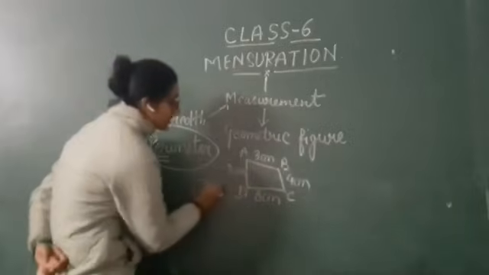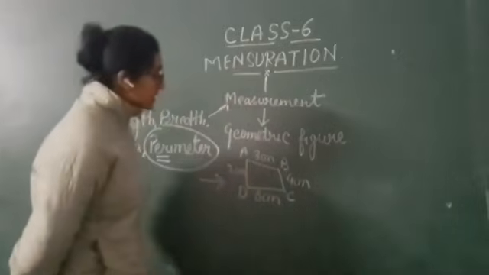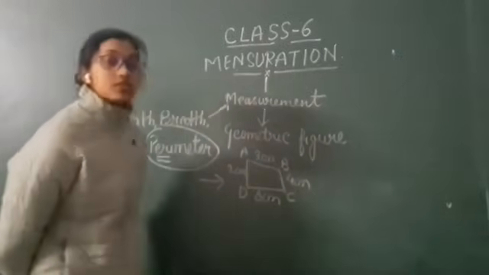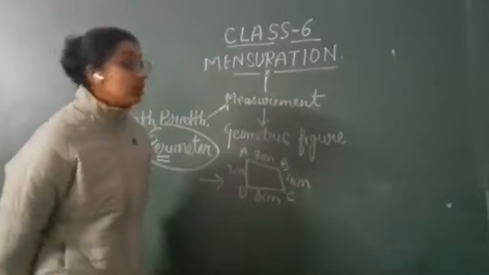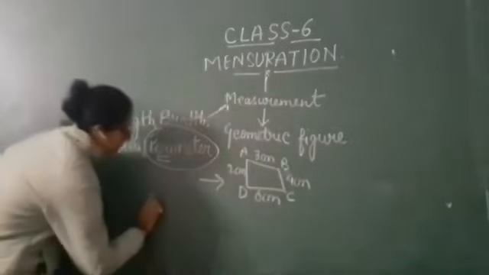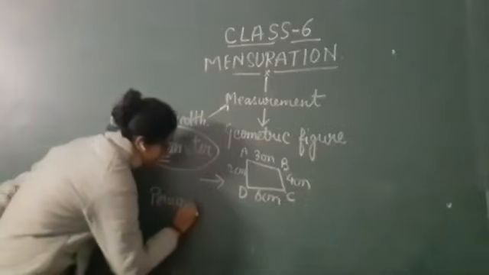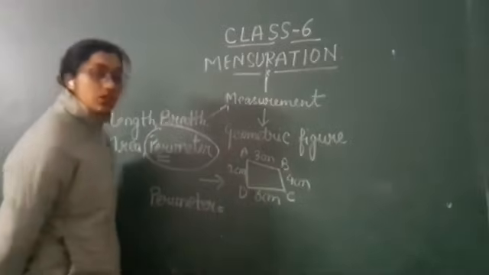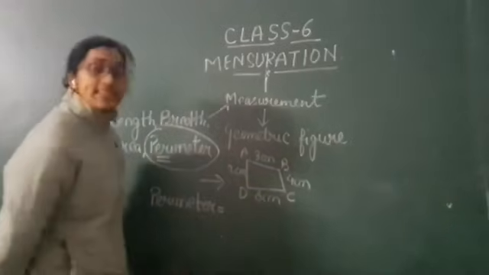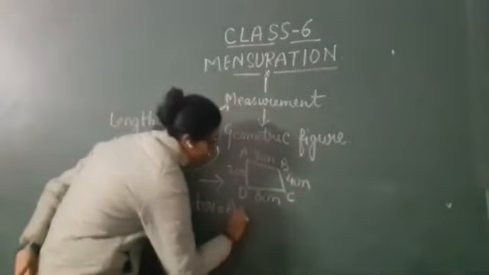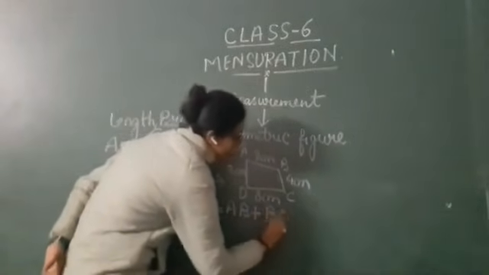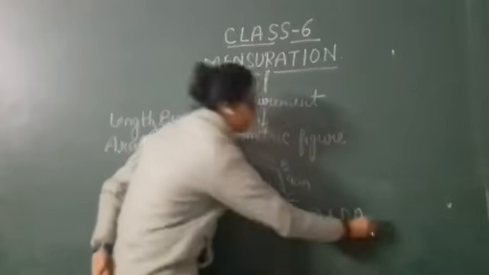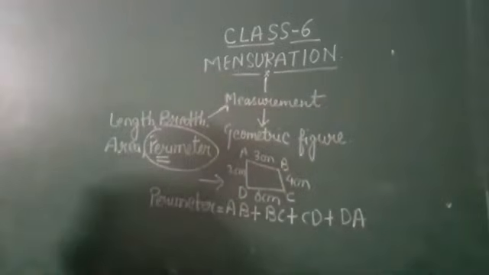For example, in this figure we have AB, BC, CD and DA. If we have to find the perimeter of this closed figure, we have to add all the sides. Perimeter is equal to AB plus BC plus CD plus DA.